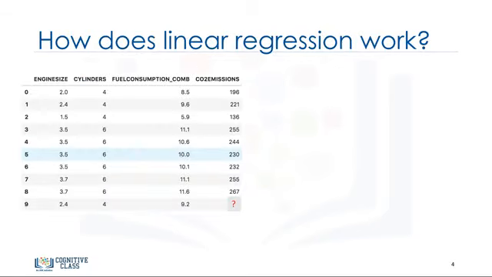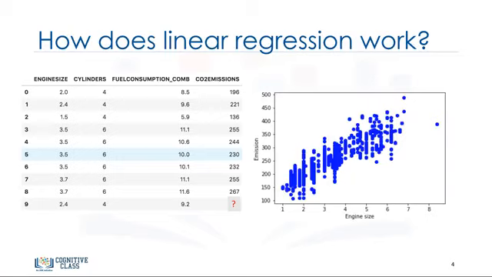Okay, so let's look at our data set again. To understand linear regression, we can plot our variables here. We show engine size as an independent variable and emission as the target value that we would like to predict. A scatter plot clearly shows the relation between variables where changes in one variable explain or possibly cause changes in the other variable.